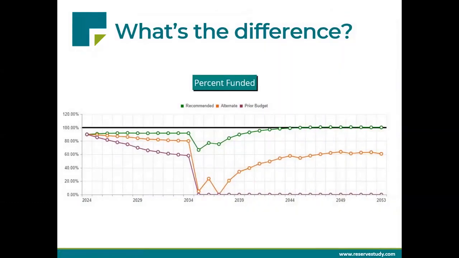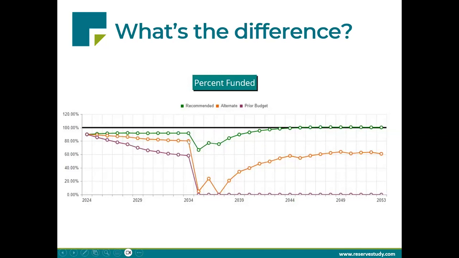Another way to look at this is using this kind of comparison. Here, I'm looking at percent funded on this left-hand vertical axis. On the bottom from left to right, we've got time, right? The different colored dots along the way represent those different percent funded levels based on different objectives. So the recommended green funding plan here is fully funding, attain and maintain 100%.